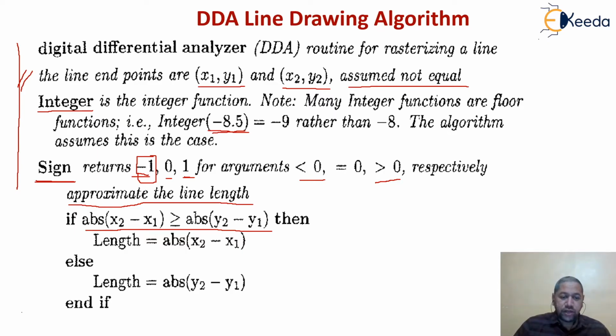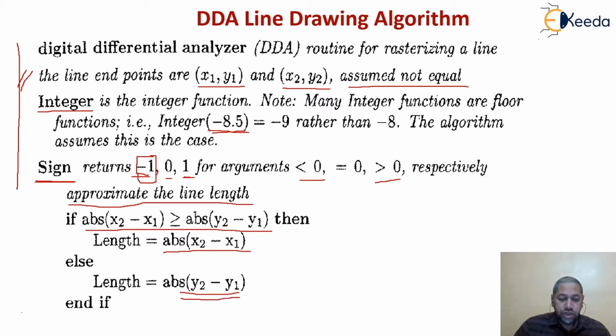The x2 minus x1 is nothing but delta x, and y2 minus y1 is nothing but delta y. If x2 minus x1 is greater than or equal to y2 minus y1, then my length is absolute x2 minus x1, else the length will be absolute y2 minus y1.